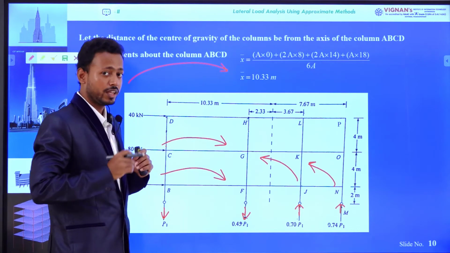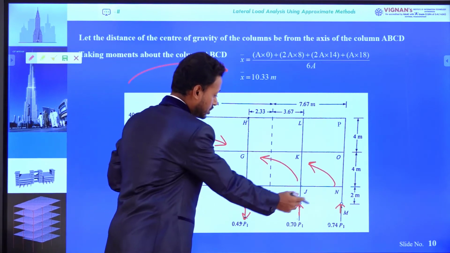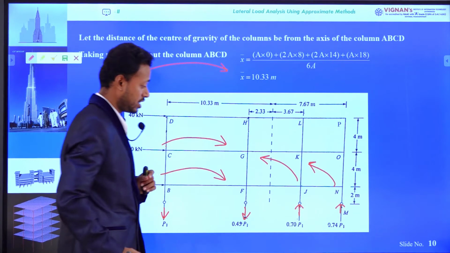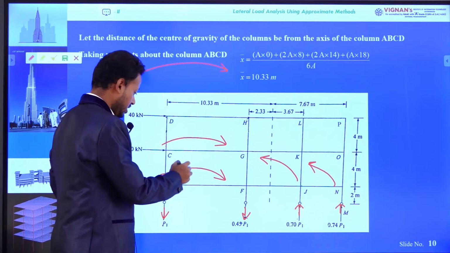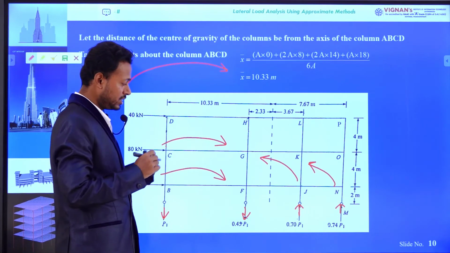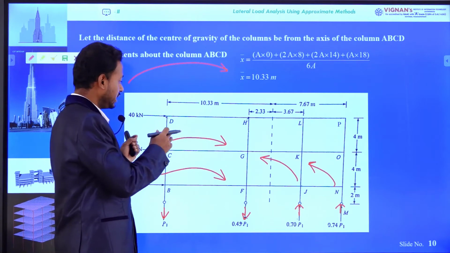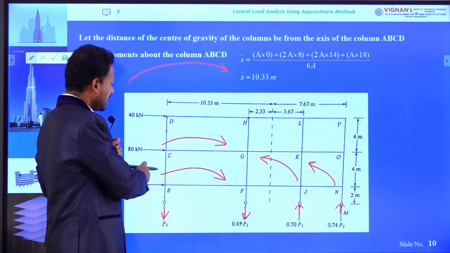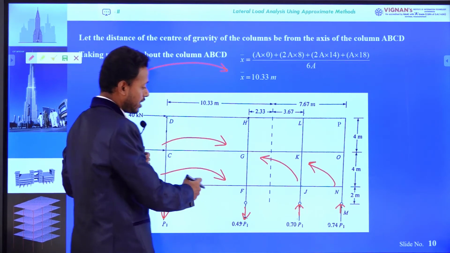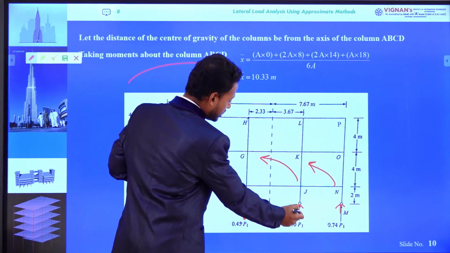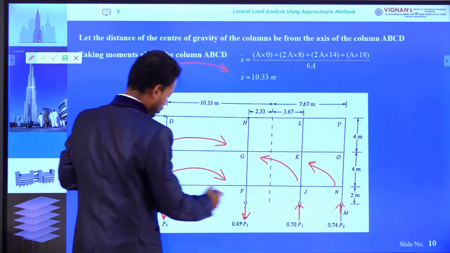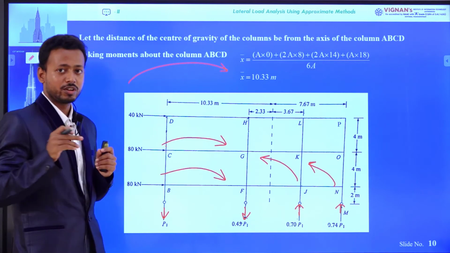That's why I have considered these forces upward and these downward. This is the primary assumption, seeing the configuration of the lateral force.